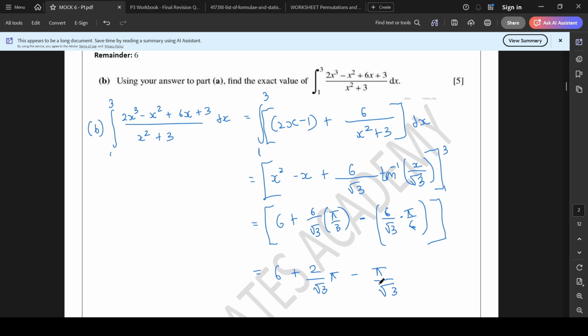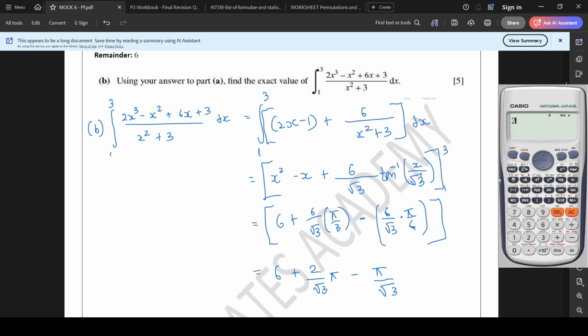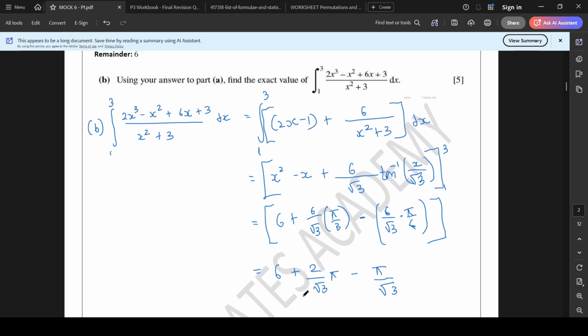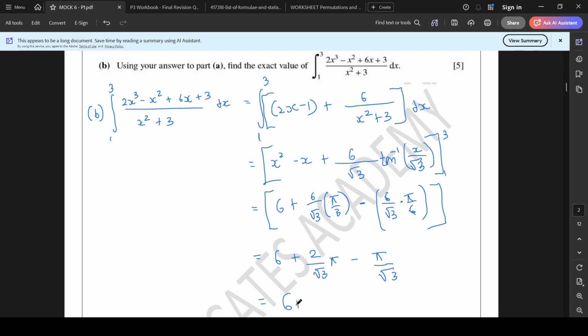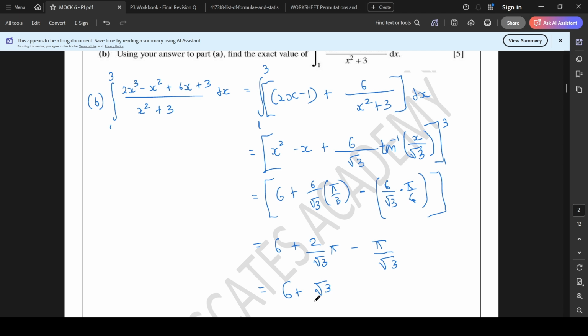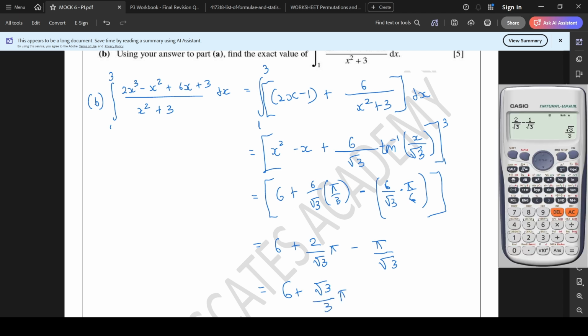Now what is 2 over root 3 minus 1 over root 3? Let us try to simplify this using calculus. So this will come out as root 3 over 3 pi. So your final answer is 6 plus root 3 over 3 pi. Root 3 over 3, yeah. So this is your final answer that you got for this question.